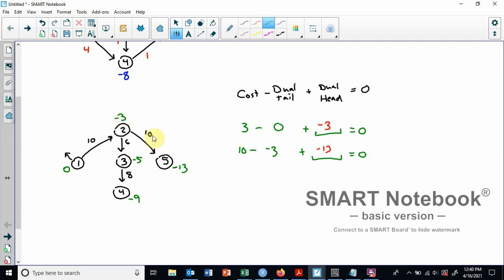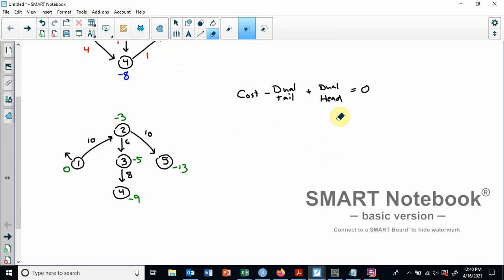Now we can lazily not have to calculate all of them ever again, since we know the spacing between some of these. It'll depend on what arc exits the basis and what arc stays in the basis. Okay? So now it's time to see which arc will enter the basis. And we're actually going to use the same formula that we have here, except we're going to see what it equals.